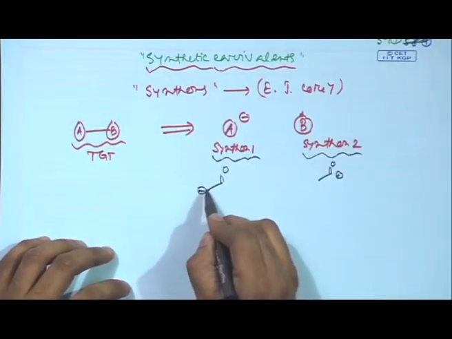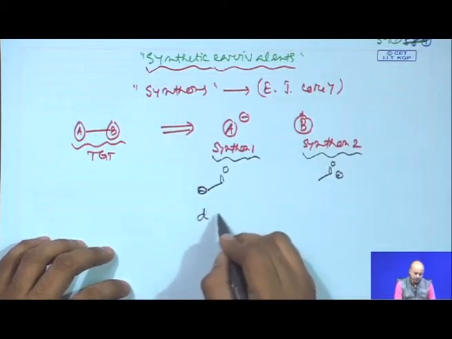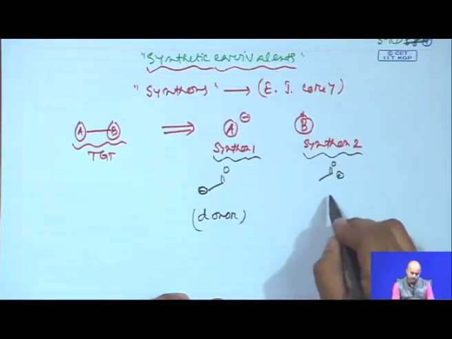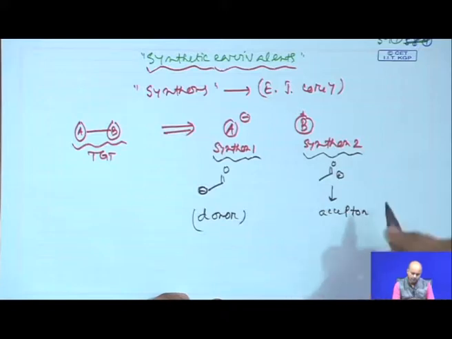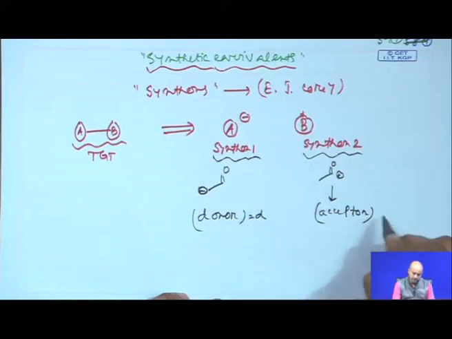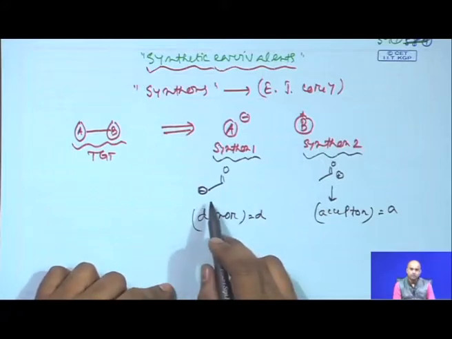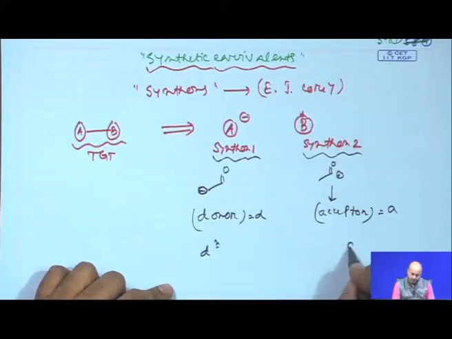If you have a negative charge on your synthon, these synthons are normally termed donor synthons, or D, and if you have a positive charge, which can accept electrons, it is termed an acceptor, or A. Depending on the number of carbons the donor part has, it is abbreviated as Dn, and similarly An, where n is an integer.